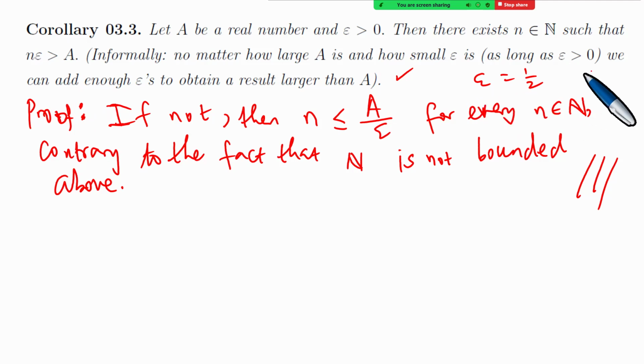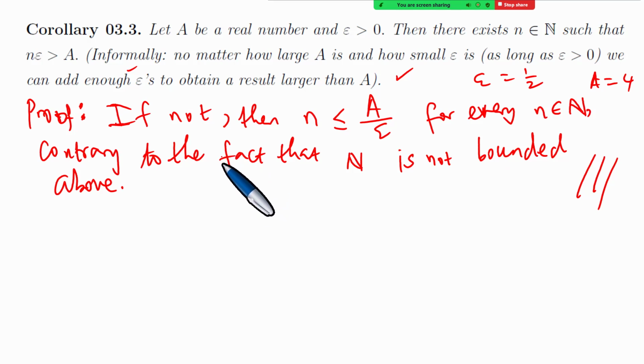If epsilon is 1/2, how many 1/2s do you need to add if the number is 4? You can add so many of these, such that in the end you find that the sum of these epsilons is bigger than A. Obviously, informally, no matter how large A is and how small epsilon is, as long as epsilon is positive, we can add enough epsilons to obtain this result. Okay, let's look at how we prove this.